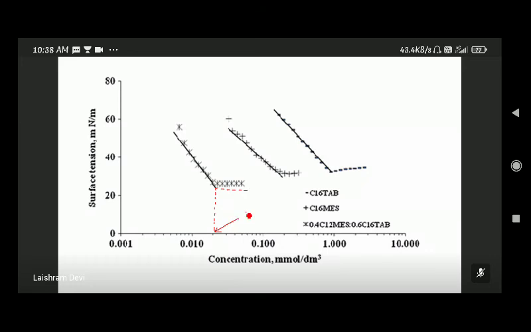So this is what you call the CMC. This corresponding concentration is what you call the CMC. This you have to report in your result.